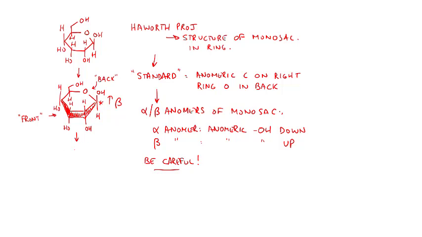These rings are not flat. In reality, just like with cyclohexane, there's some stagger going on. And that means that at the ends and at the corners, these groups can either stick up above the plane of the ring or hang down below it.